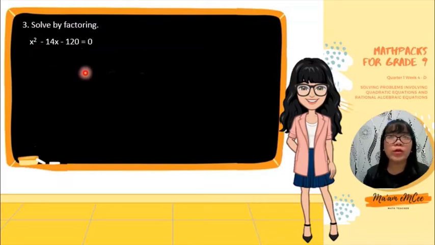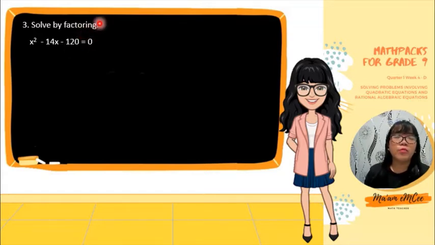So we need to think of two numbers wherein the product is equal to negative 120 and the sum is equal to negative 14. If multiplied, negative 120; if added, negative 14. And remember, since our product here is a negative number, the only possibility is that one number is positive and the other is negative.